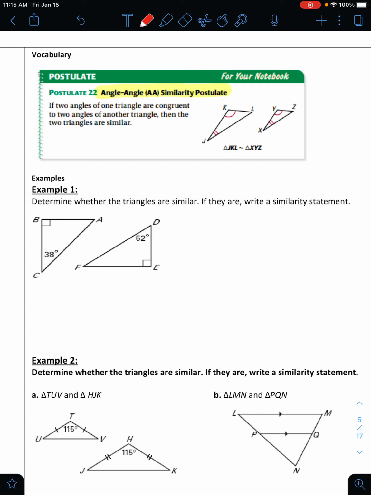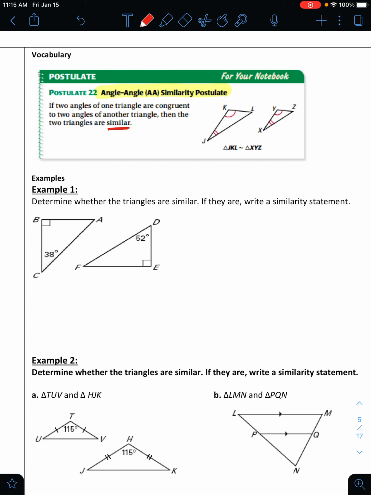So the first one is called the angle-angle, or just AA, similarity postulate. It says if two angles of one triangle are congruent to two angles of another, then the triangles are similar. Remember we had a false shortcut of AAA, and that's because the triangles could be different sizes. Well, it falls under similarity because they are similar.